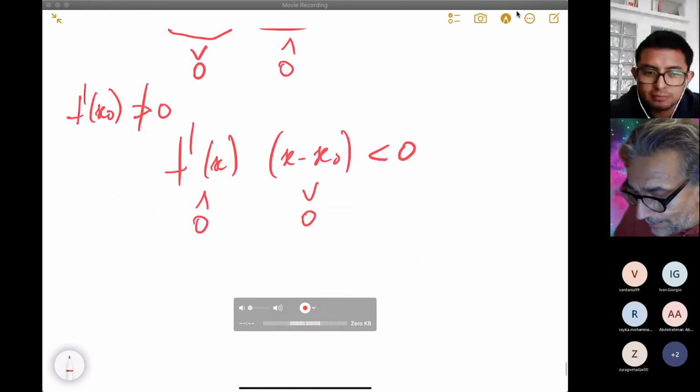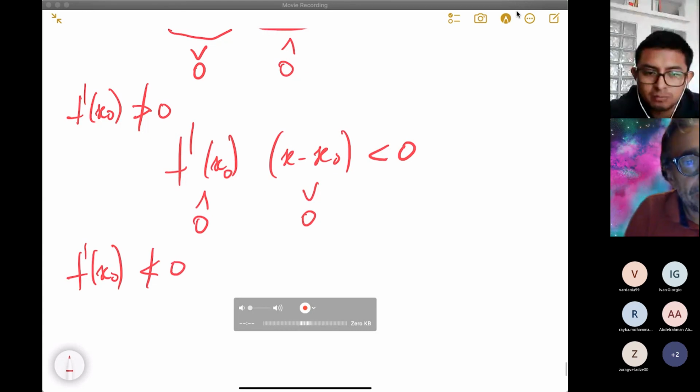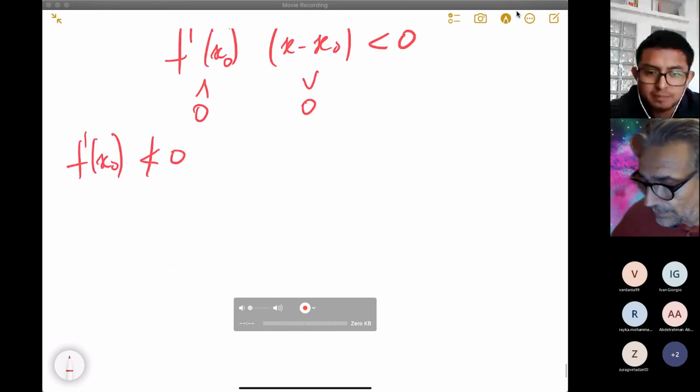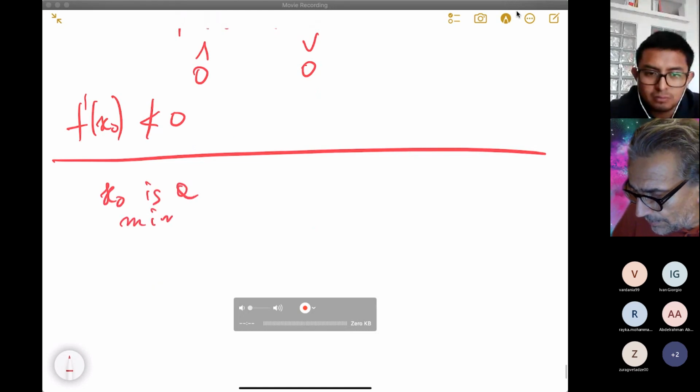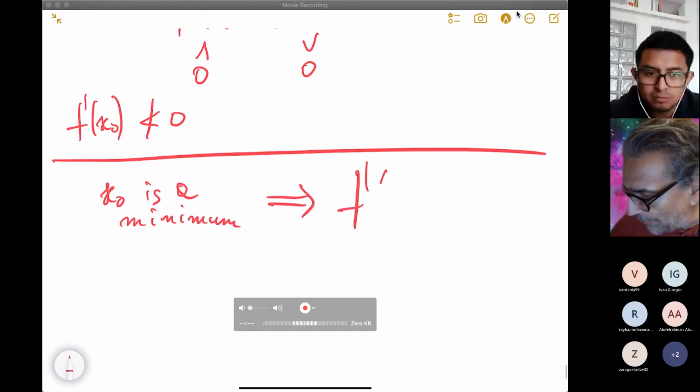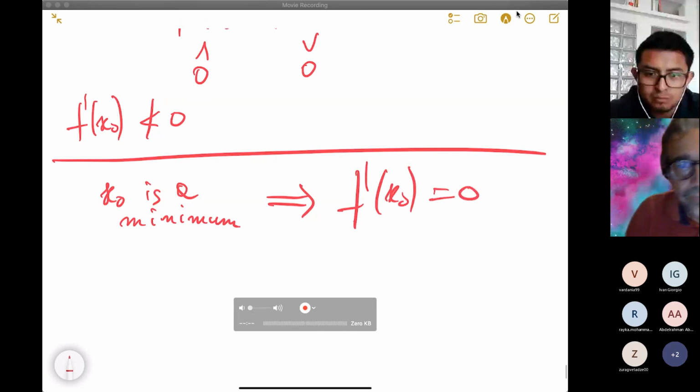So f prime of x0 cannot be negative. x0 is a minimum implies f prime of x0 is 0.